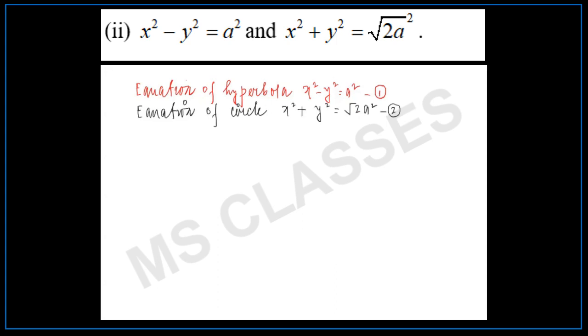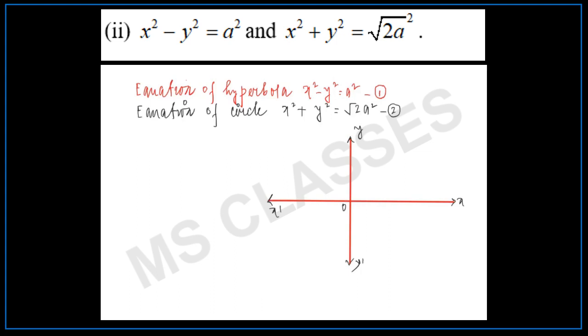Now, at first, we understand how this looks if we represent it in the graph. So take a Cartesian plane where we represent this.